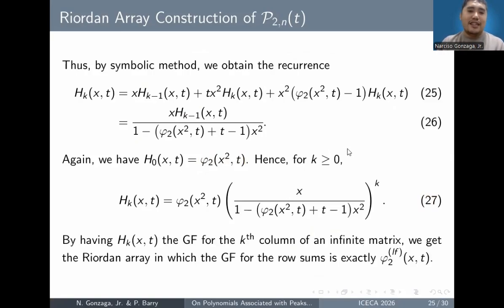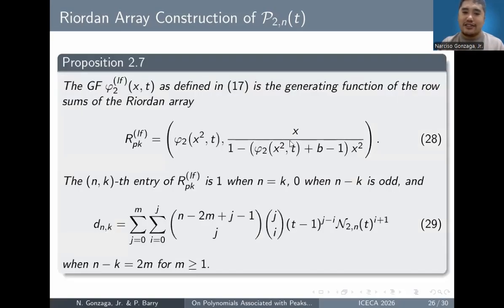And by using h sub k as the generating function of the kth column of a certain Riordan array, we obtain the specific Riordan array in which the generating function of the row sums is exactly the generating function for polynomials associated with Dyck left factors. And that is actually our next result.